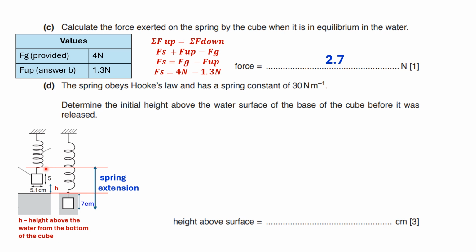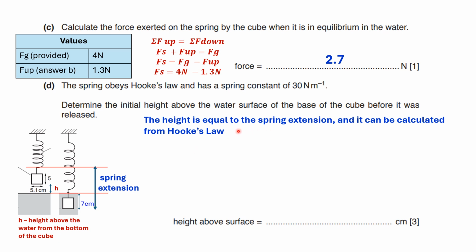Here is the cube before being released in water, and the second picture shows the cube in the water and in equilibrium. The height we are looking for, the little h, is the height above the water of the bottom of the cube.